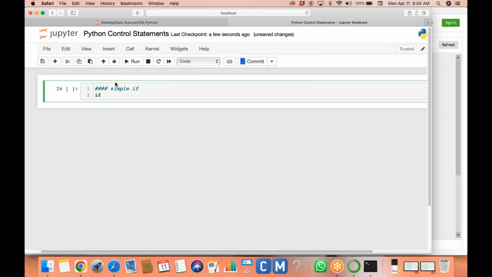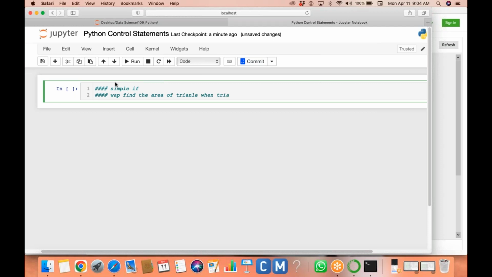Coming to this simple if, I just want to write a small program. Write a program to find the area of a triangle when the triangle is an equilateral triangle.